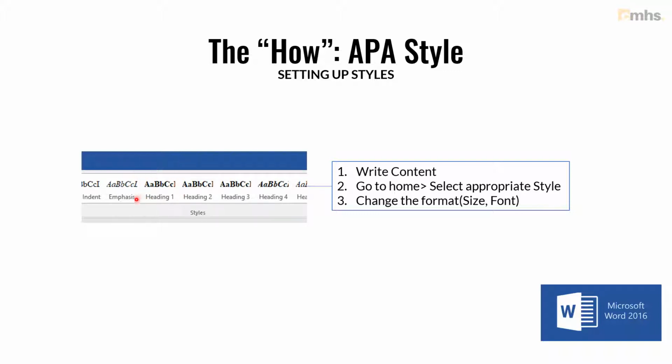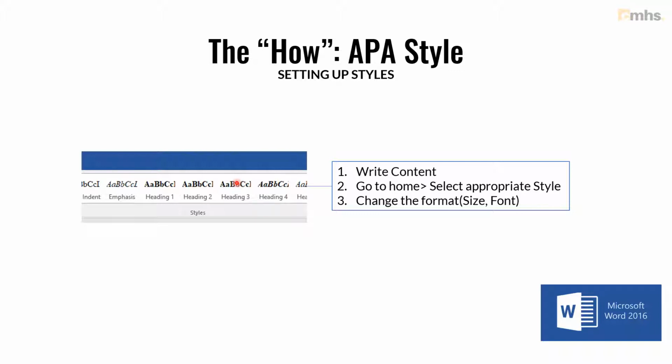Maybe after that, I'll write a subheading, which might be heading 2. Then I might write a subheading, which might be heading 3. So these are levels of heading. All of your first level headings are heading 1. All of your second level headings are heading 2. All of your third level headings are heading 3. So make sure you click on them.